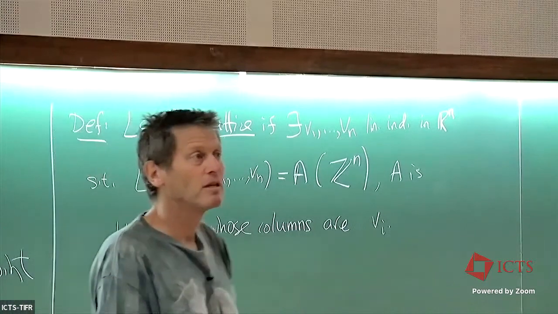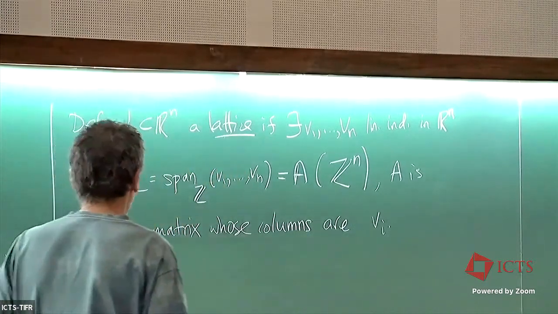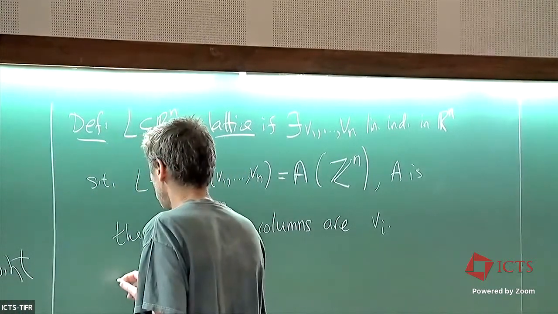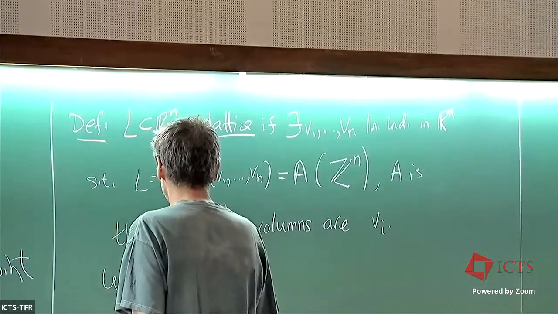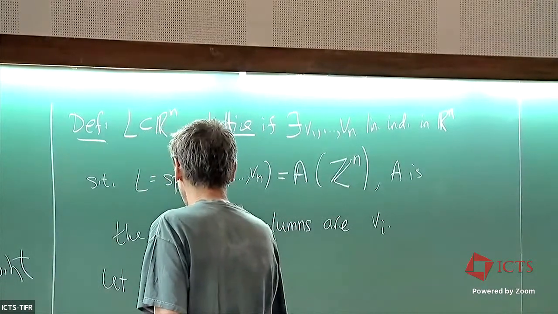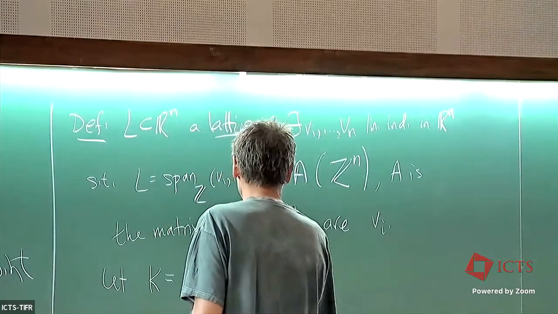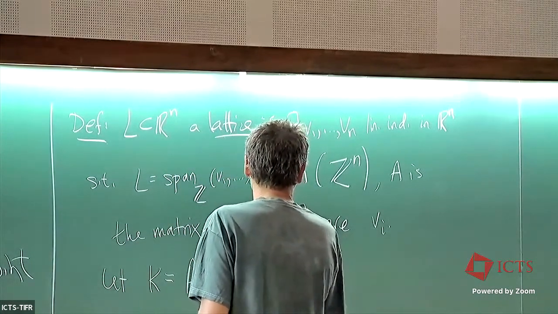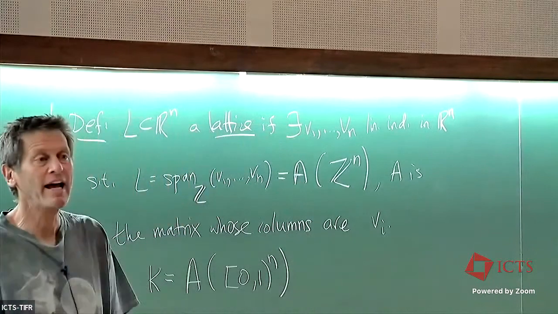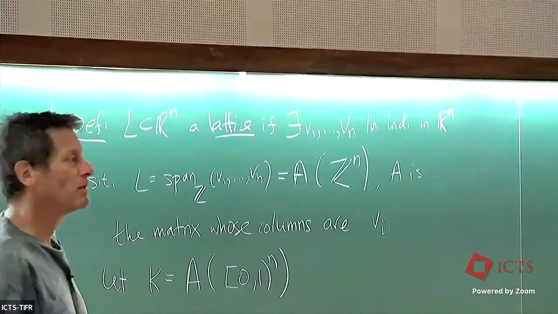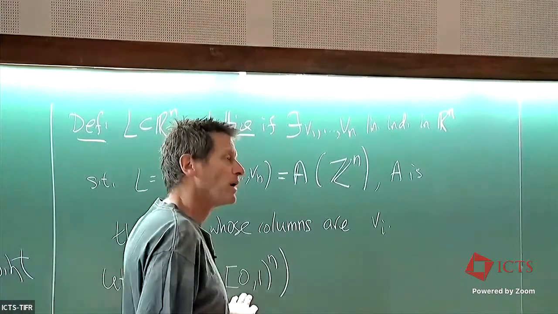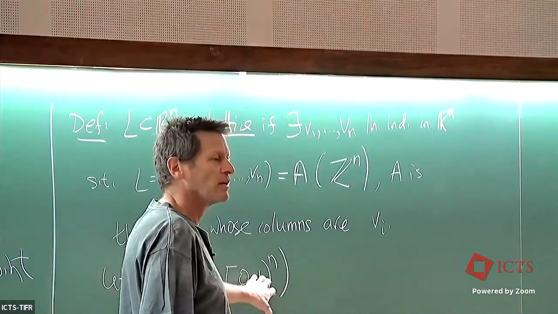And there's a particular convex body that you might consider in this kind of situation. Let K be the image under A of the unit cube. And I took the unit cube closed on the left, open on the right for a reason.